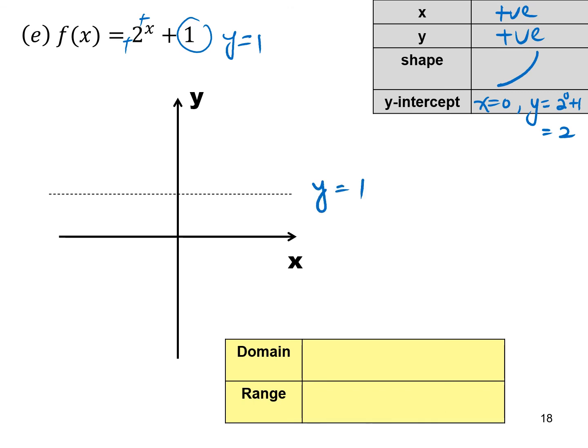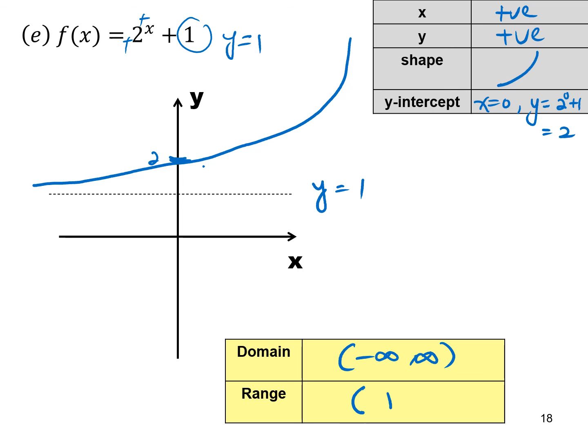And the shape of the graph, this graph intersects at 2 here. So the basic graph is like this. So intersect at 2. Okay, so the domain is negative infinity, infinity. How about the range? So the graph is shifted 1 unit from the x-axis, you get 1 to infinity, or y greater than 1.